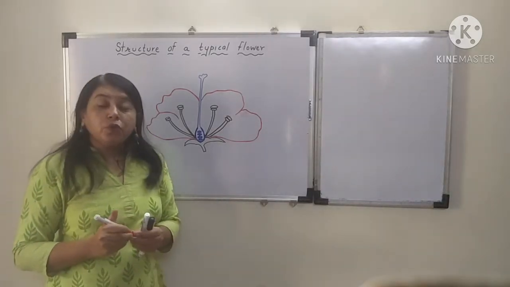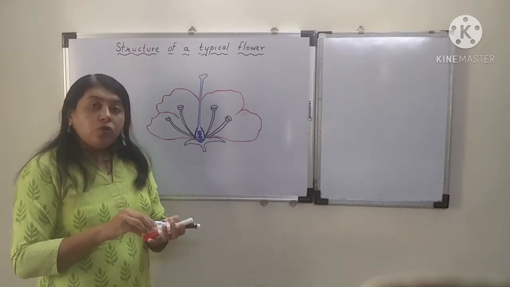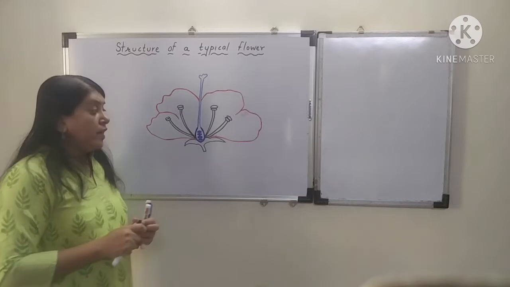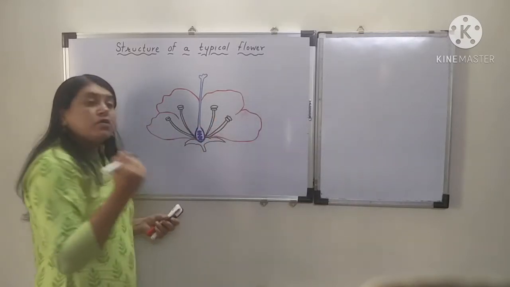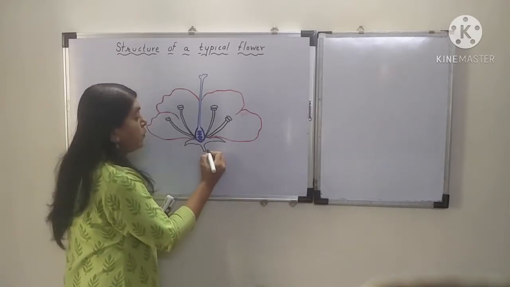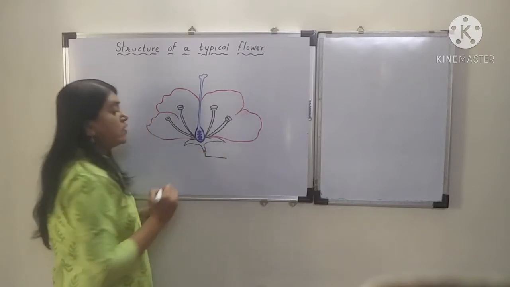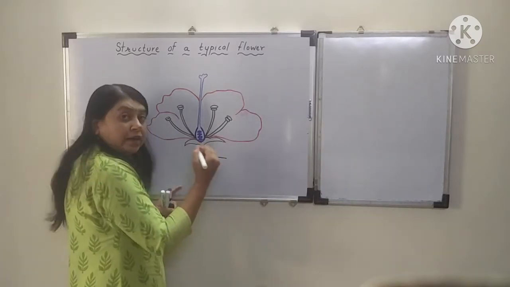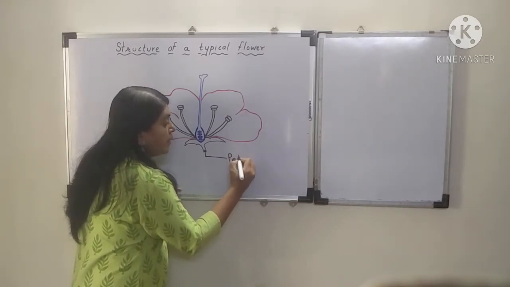Now what we will do is we'll label the different parts of the flower. To label the parts of the flower, let us begin with the base of the flower. So the base or the stalk of the flower, this part I am going to label. Arrow pointed towards the organ, and this part is called the pedicel.